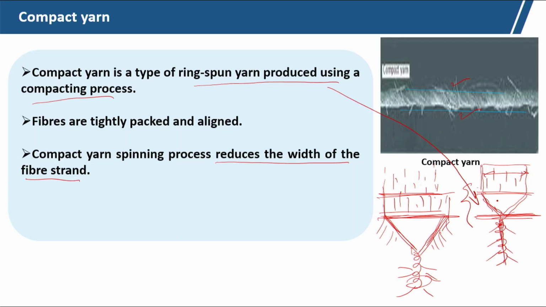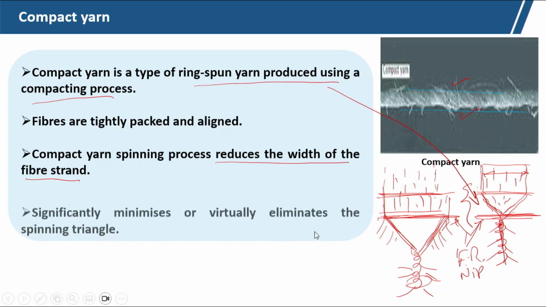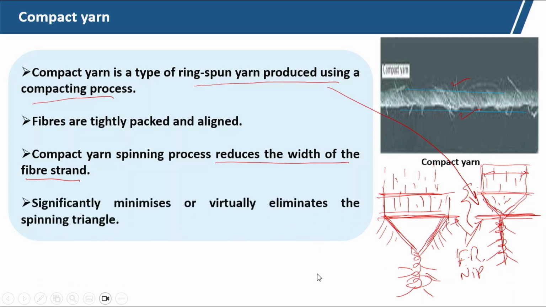It reduces the width of the fiber strand before it reaches the frondular nape. This is the frondular nape. It significantly minimizes or virtually eliminates the spinning triangle. This spinning triangle is there, it is virtually eliminated here.